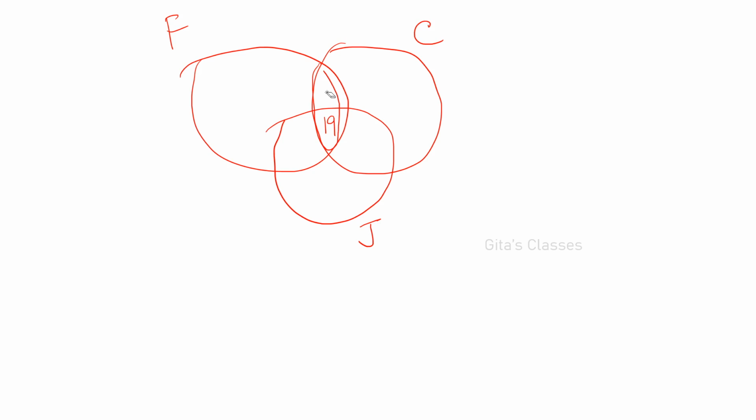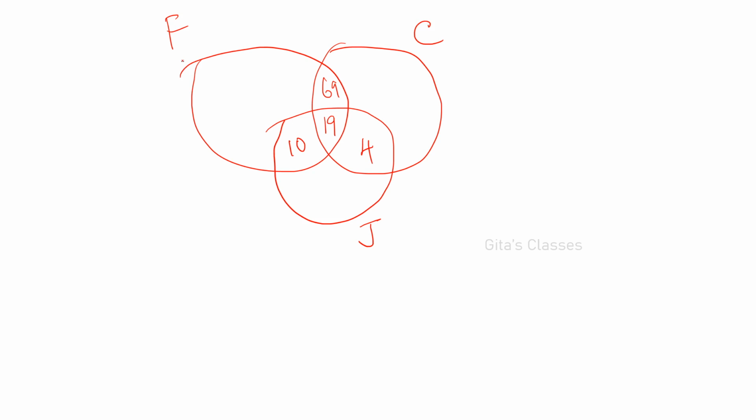Fortran and C means this part. But already we know this 19. So 88 minus 19, you will be getting 69 here. Similarly, we are given C and Java, how many? So 23, so it is 4. I will fill all these things.